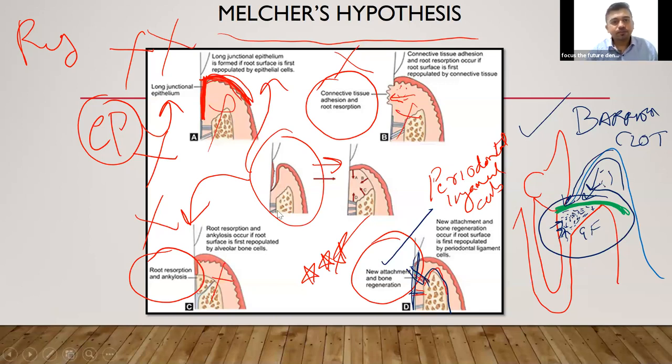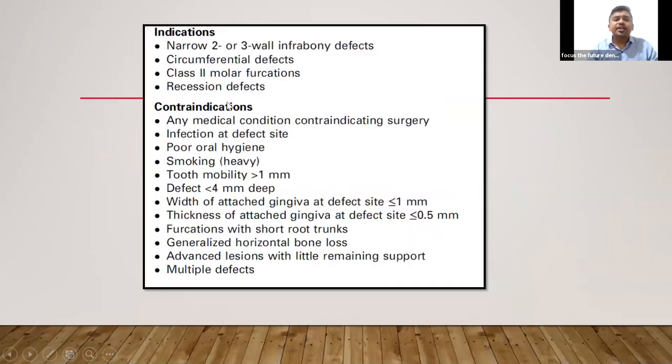Now, can we do guided tissue regeneration in every single patient, in every single defect? No. There are certain indications and certain contraindications for this. Let's see what those are. What are the indications? The defect should be at least a 2 or 3 wall defect. We'll study intra-bony defects and supra-bony defects later. For the time being, just know that it's done mostly in intra-bony defects.